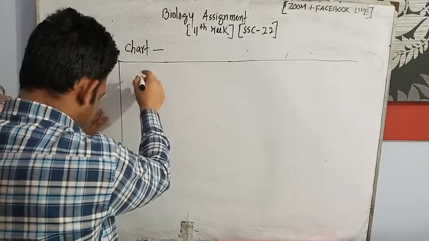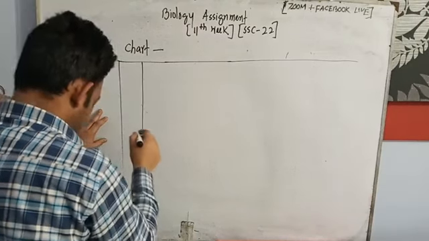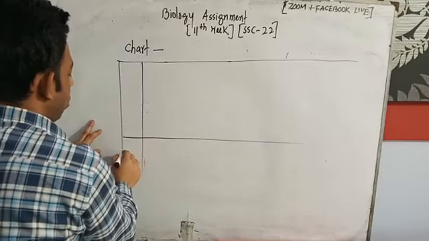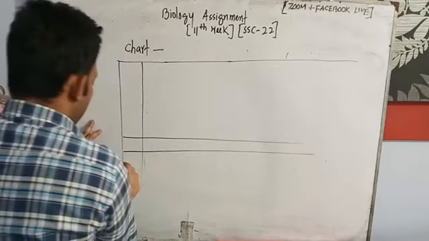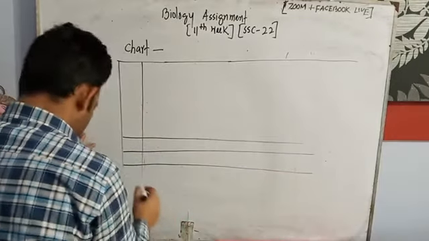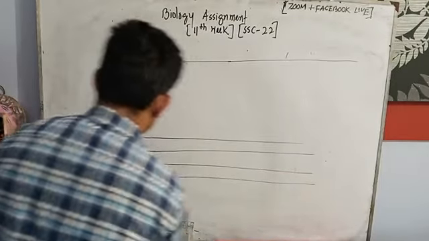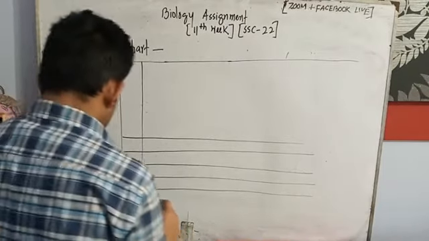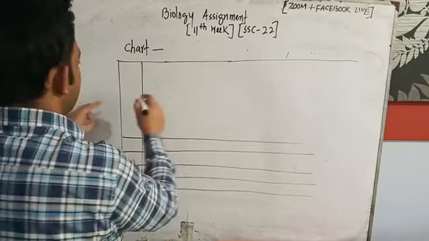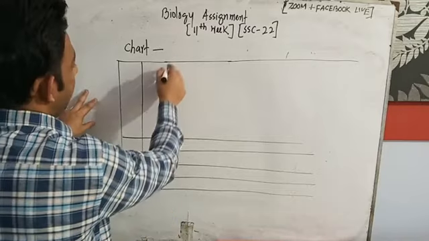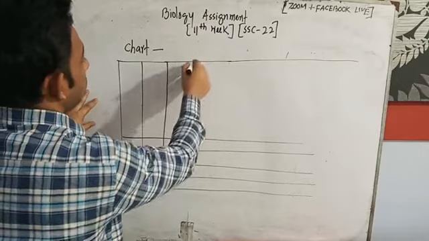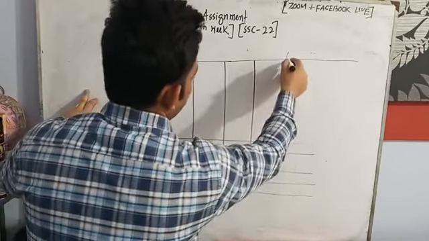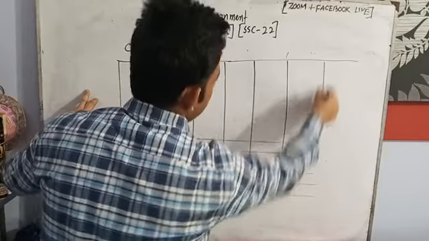Follow me how I draw the chart: 1, 2, 3, 4, then 1, 2, 3, 4, 5, 6, then 1, 2, 3, 4, 5, 6, 7, then 1, 2, 3, 4, 5, 6.